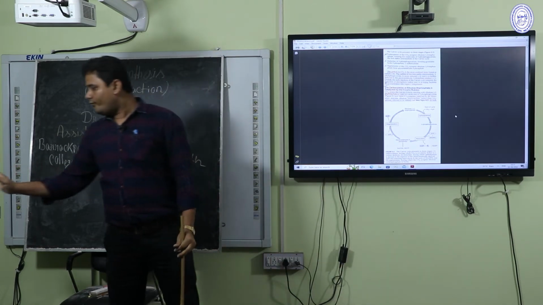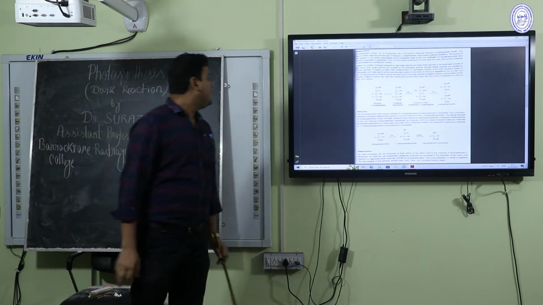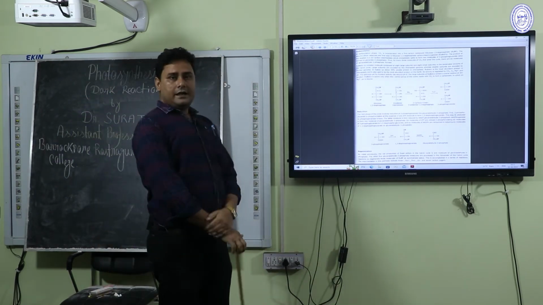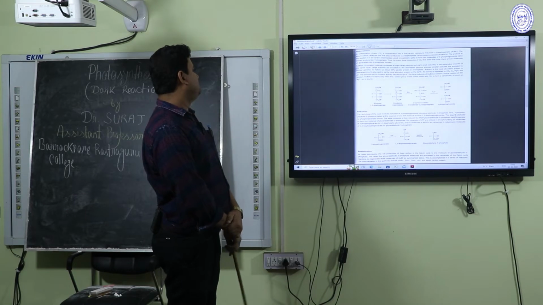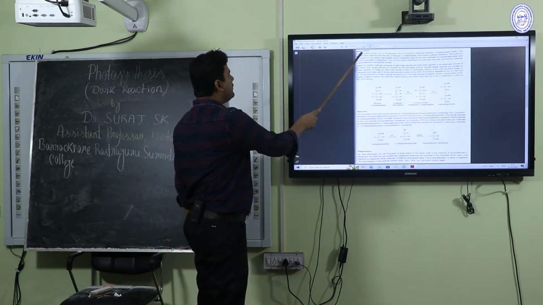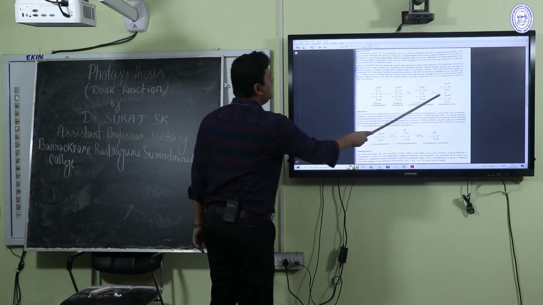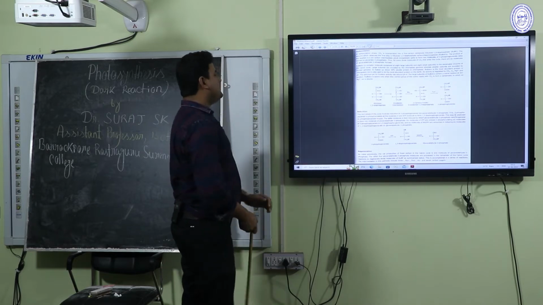Now let's come to the details. In the carboxylation reaction, you can see the reaction here. What happens?